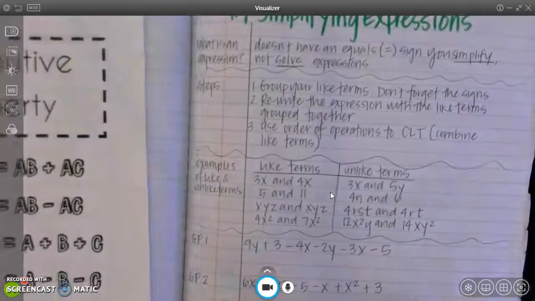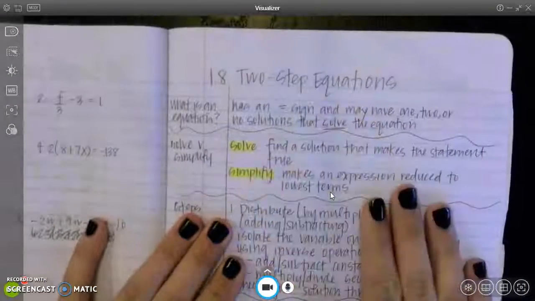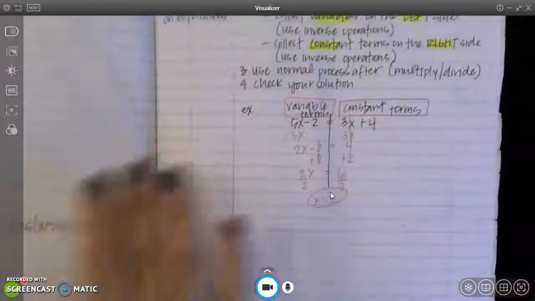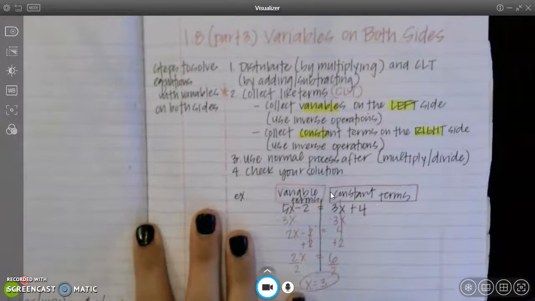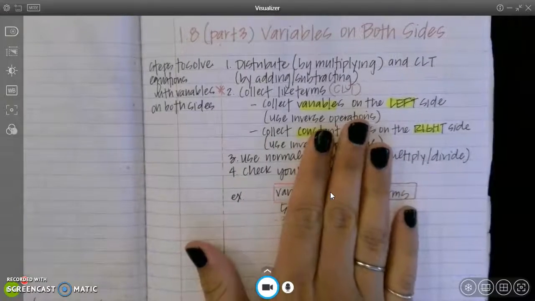That's why the table of contents is so important. So these 1.8 notes, two-step equations, would be very useful as well. Or the 1.8 part 3 notes, variables on both sides. These notes would also be helpful as well.